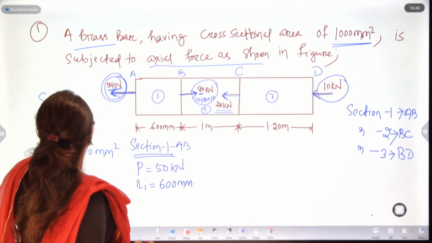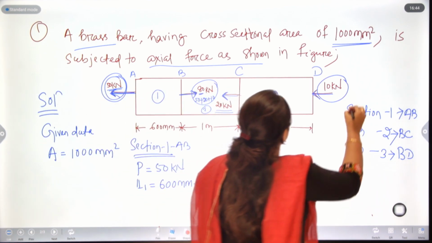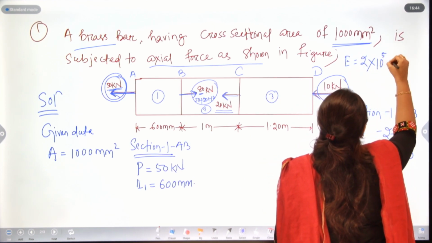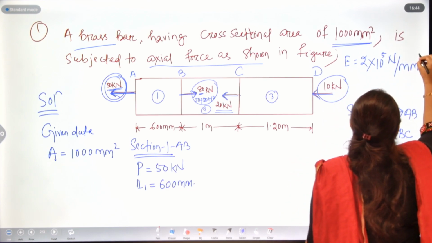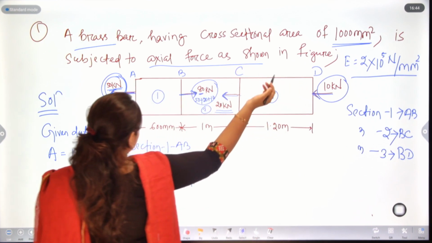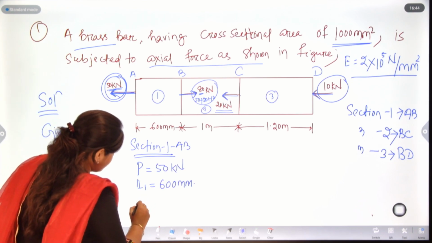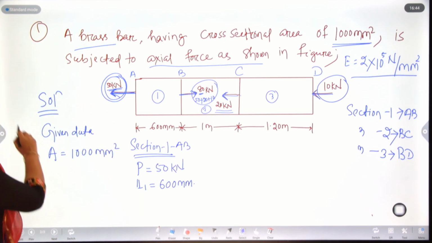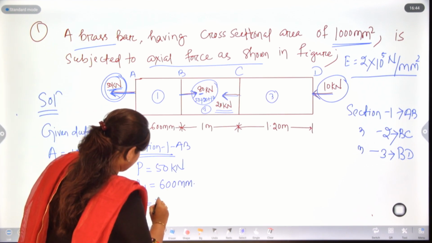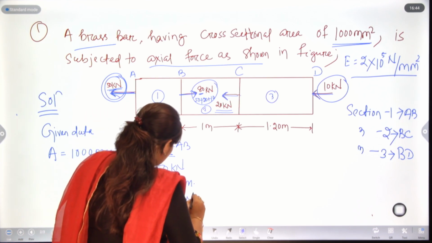If your Young's modulus is not given, you can take E as 2 into 10 to the power 5 Newton per mm square.